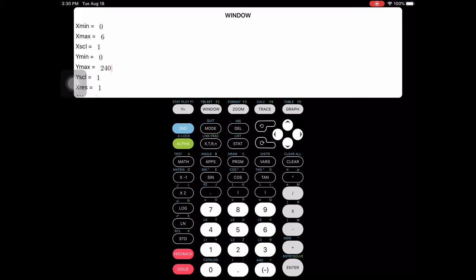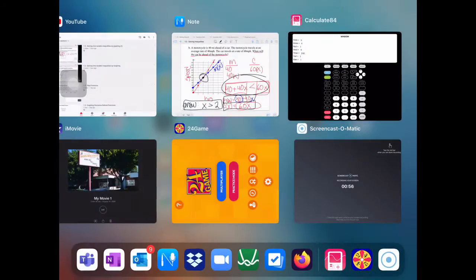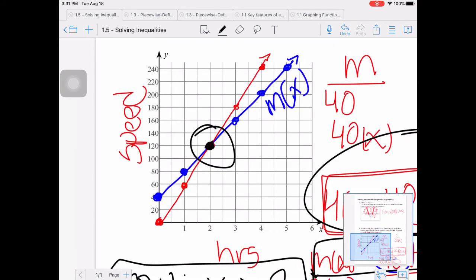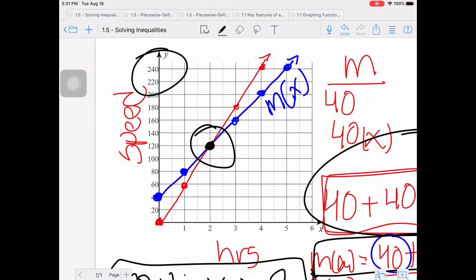Now, how did I know to put 240? Usually I would have just guessed the number, but if you remember from your previous example, look at your y value. It goes all the way to 240. Now, did I really have to put it all the way to 240? Probably not. I could have done 160 and it would have been just fine.